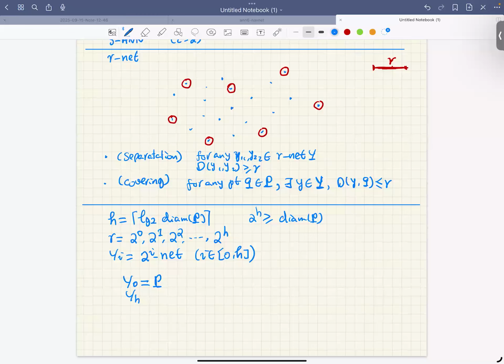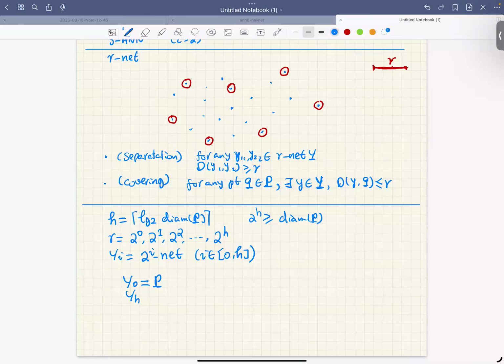If you don't agree and give me 2 points, then I will say these 2 points have to be separated, so their distance will have to be at least 2 to the power of H. Maybe I was not entirely correct, because you can argue with me: if the diameter is exactly 2 to the power of H, then yes, you could have multiple points.